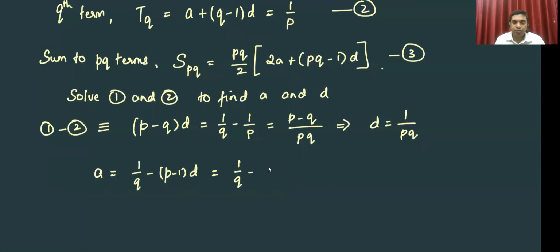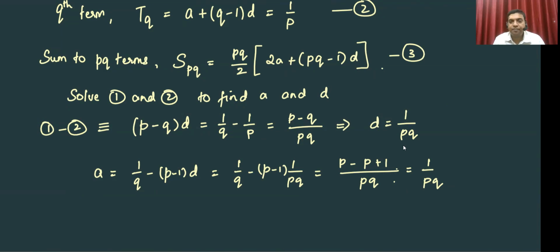That is 1 by q minus p minus 1 upon pq, which gives p minus p plus 1 by pq. So you get 1 by pq. Therefore, a is 1 by pq, d is 1 by pq.